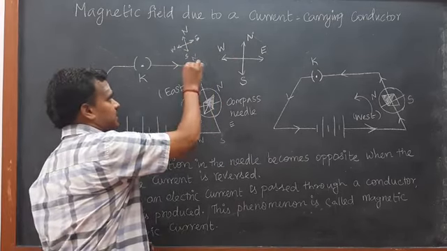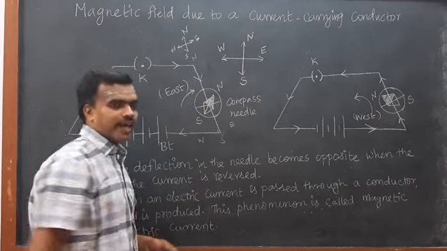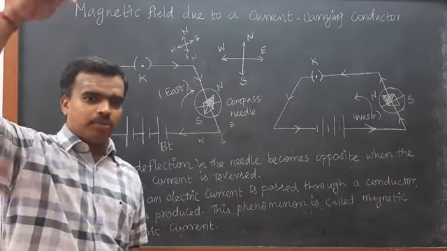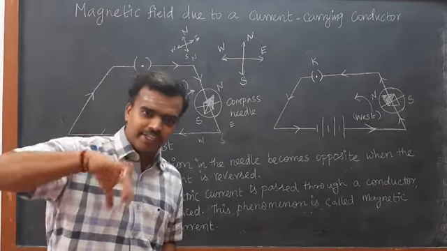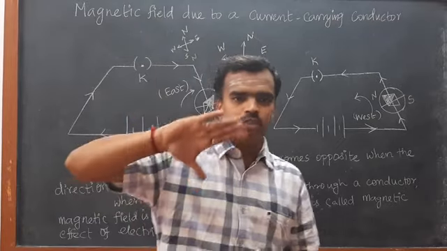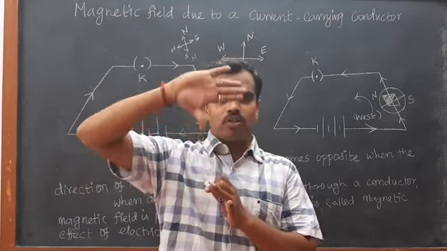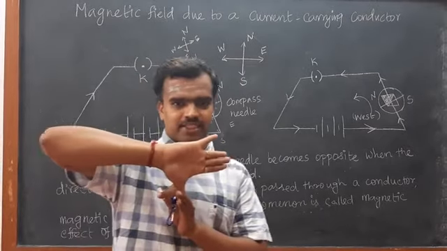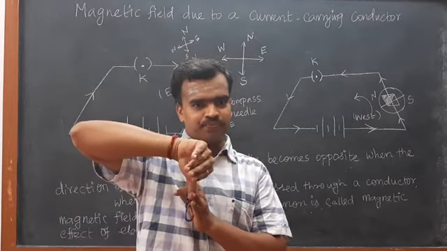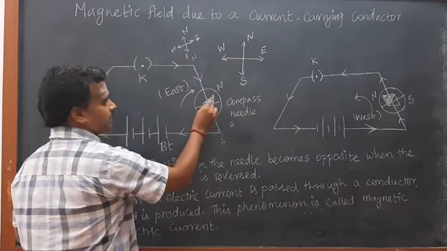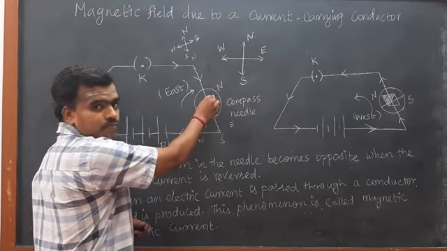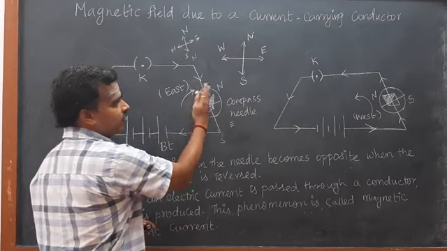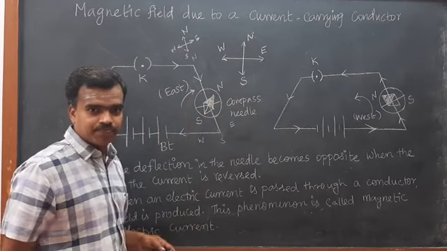Look at this straight line conductor. The current is coming from top to down, therefore the current direction is downward. We need to use the right hand thumb rule. Downward current means the needle should deflect towards the east direction. So the north pole of the compass needle is deflected in the east direction.